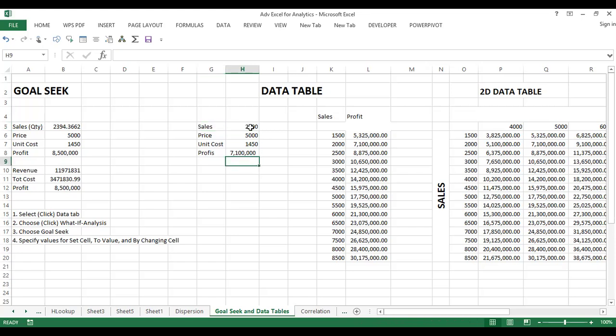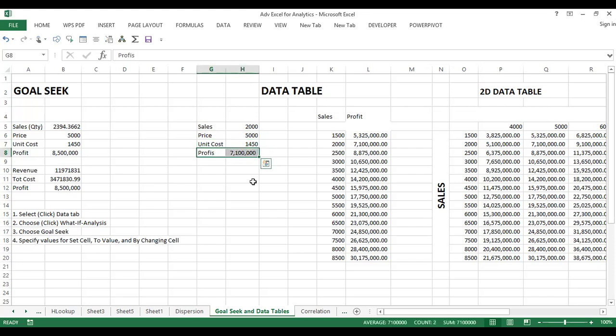Yeah, that's right. The number of units sold. So this price is the unit price, the price of one unit. This is the estimated or computed cost of a unit.